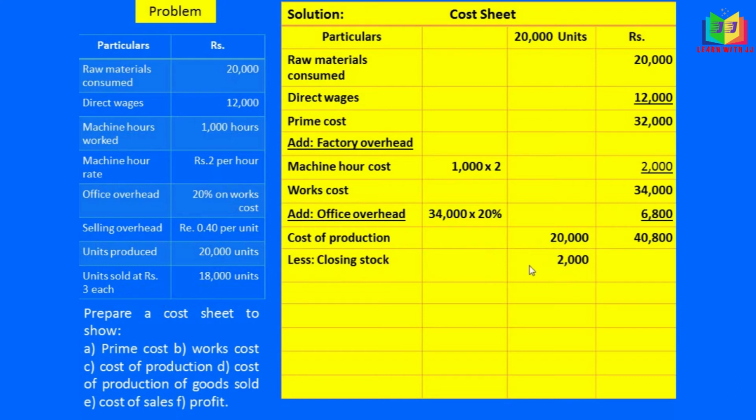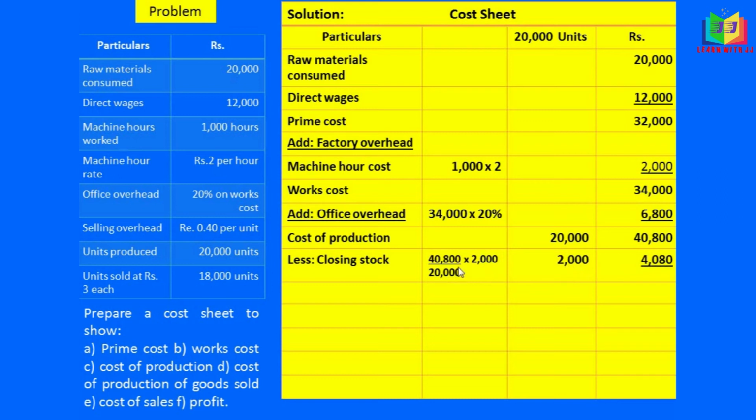The difference between the units produced and the units sold is closing stock, and we need to find the value of this closing stock. It is based on the cost of production. For 20,000 units the cost of production is 40,800. So for these 2,000 units we have to just do a cross multiplication and we'll get 4,080. That is the value of closing stock.